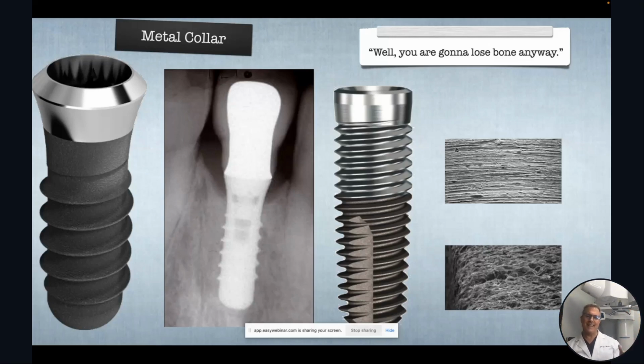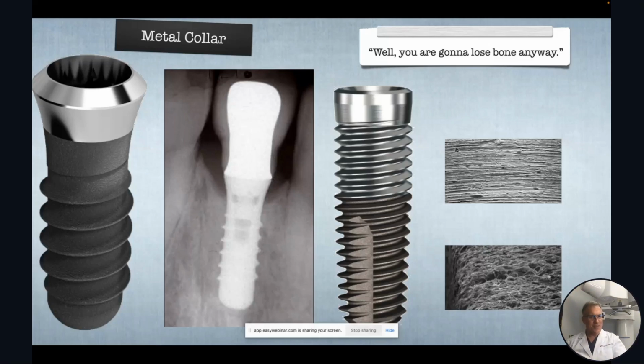So we're going to make the top of our implant shiny, like the first third of our implant, and expect bone loss. I got to be honest with you, I don't subscribe to that field of view. I think we should have no bone loss. Just like Dr. Tomas, zero bone loss, right?